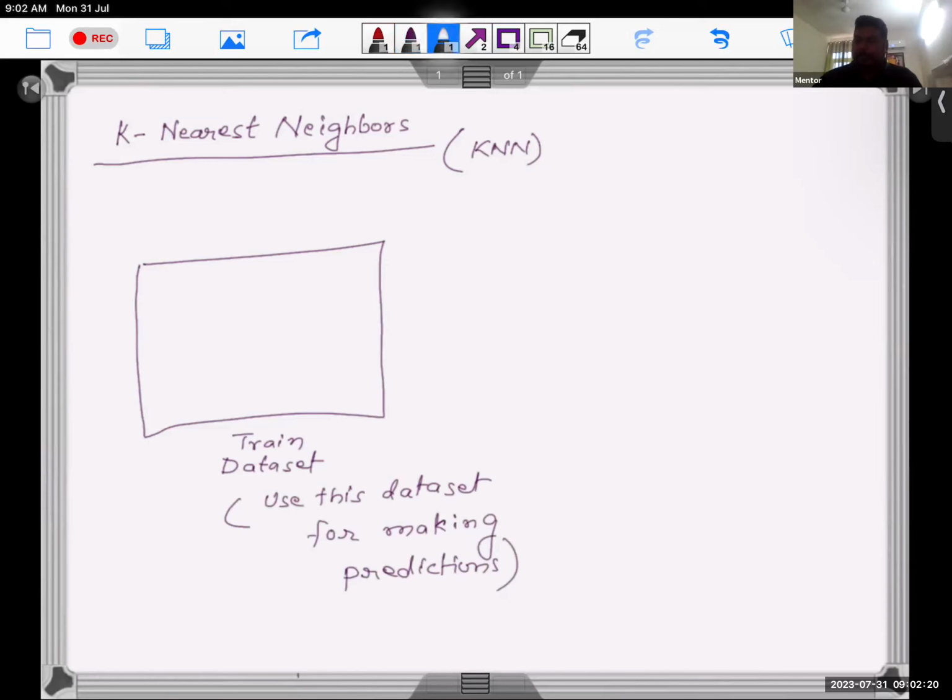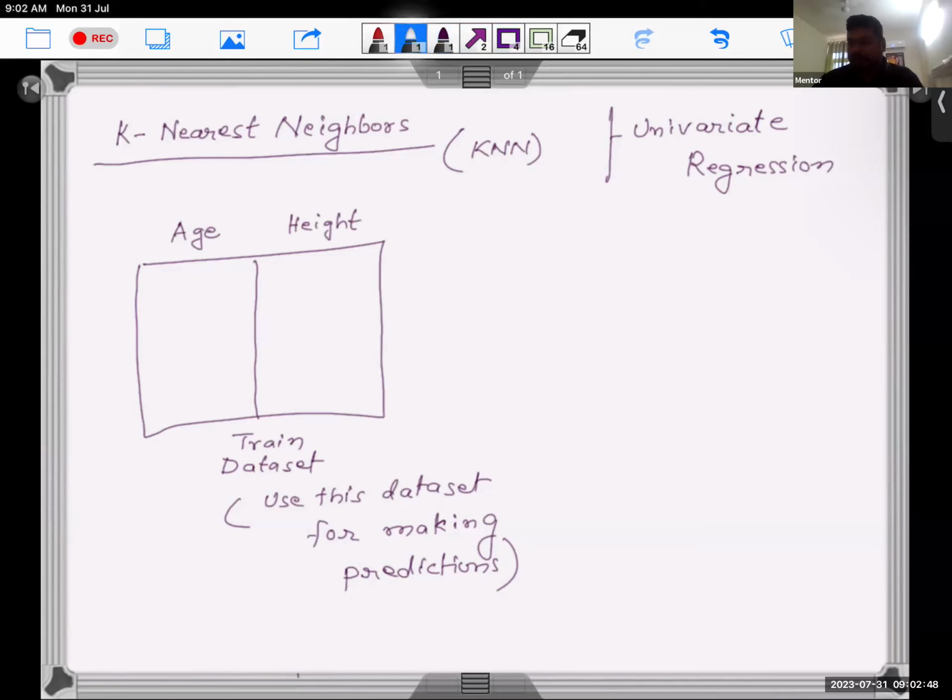We actually discussed univariate regression, so we had one input feature. I believe we looked at the age of the people and tried to estimate their height, or we took height as input and estimated the weight. Does anyone remember what we did?